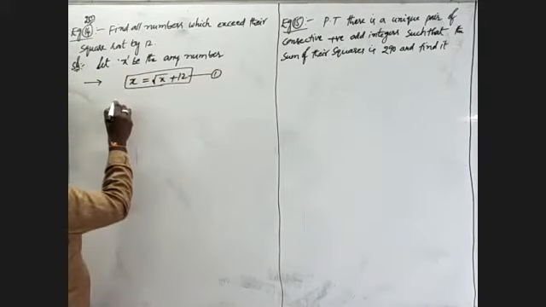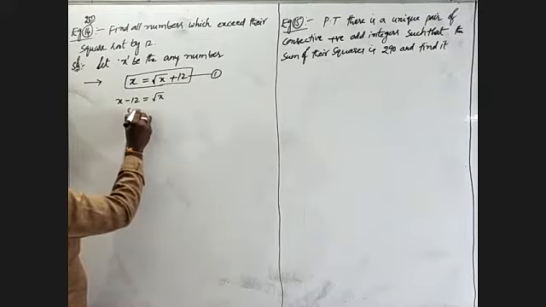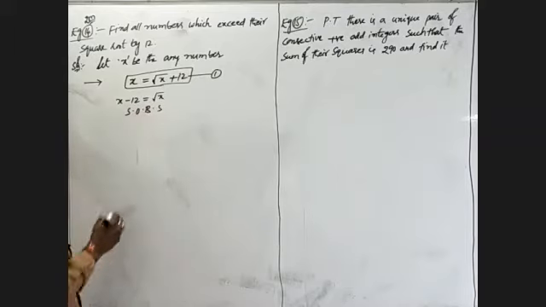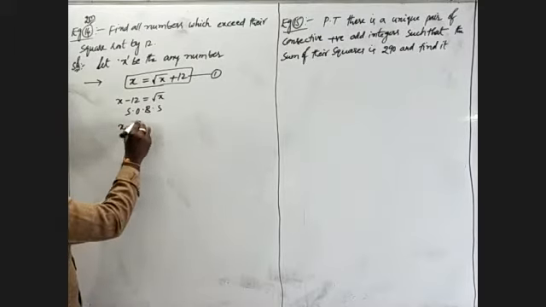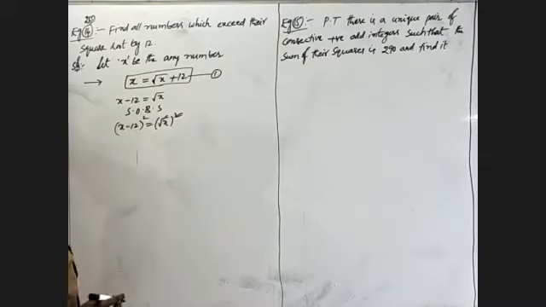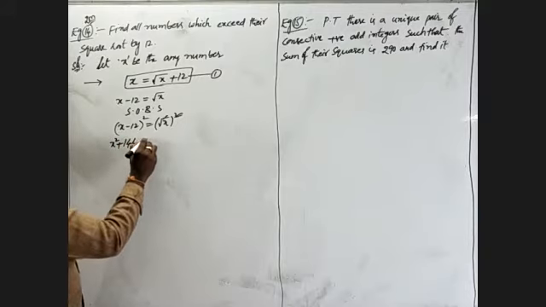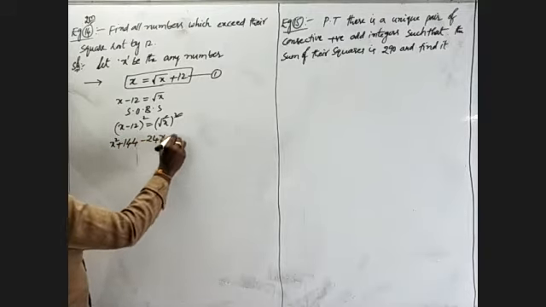Plus 12 will become this side, so x minus 12 is equal to root x. Squaring on both sides, x minus 12 whole square is equal to root x whole square. Square and root will be cancelled. Remaining, x square plus 144 minus 24x is equal to x.